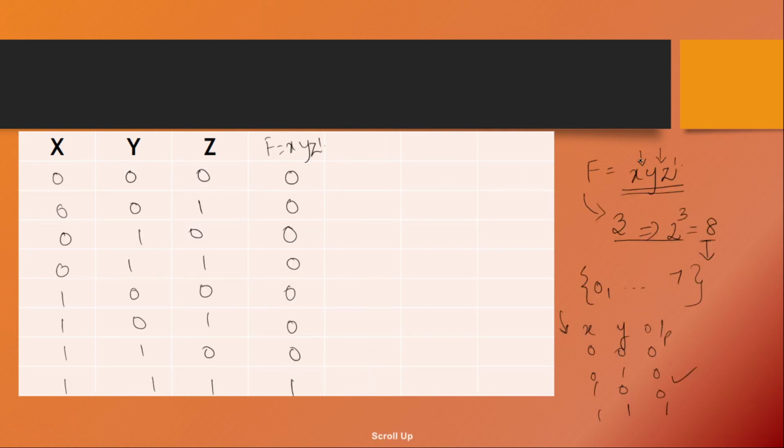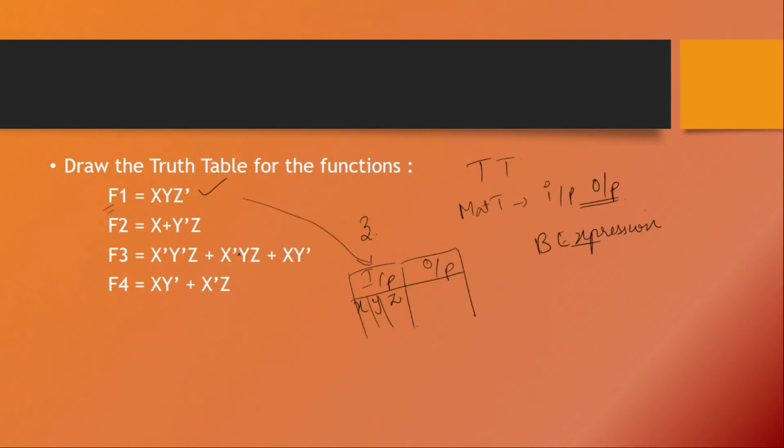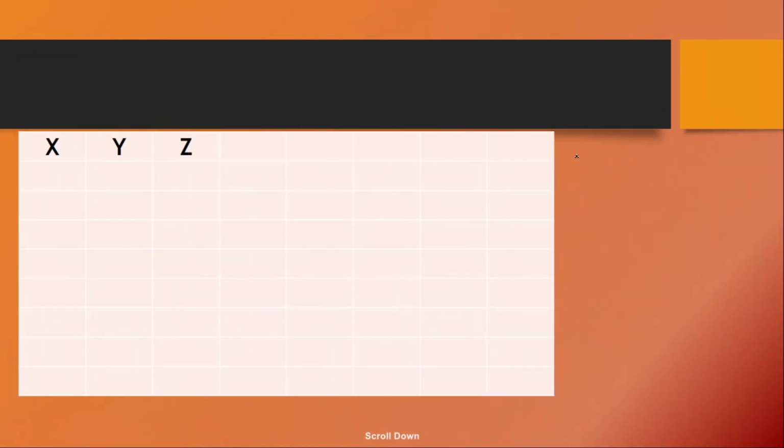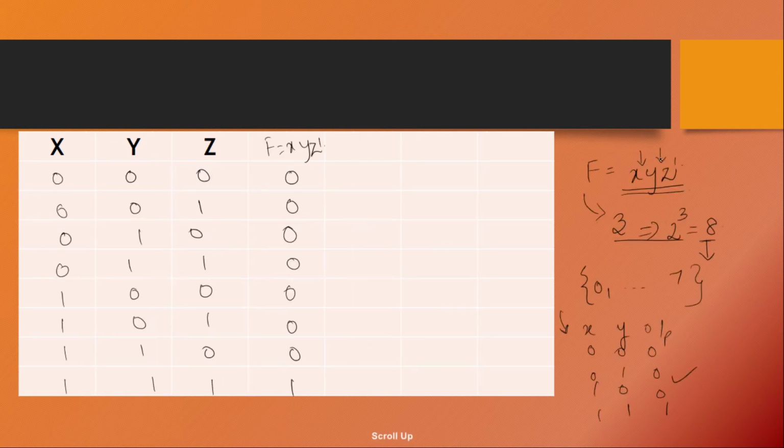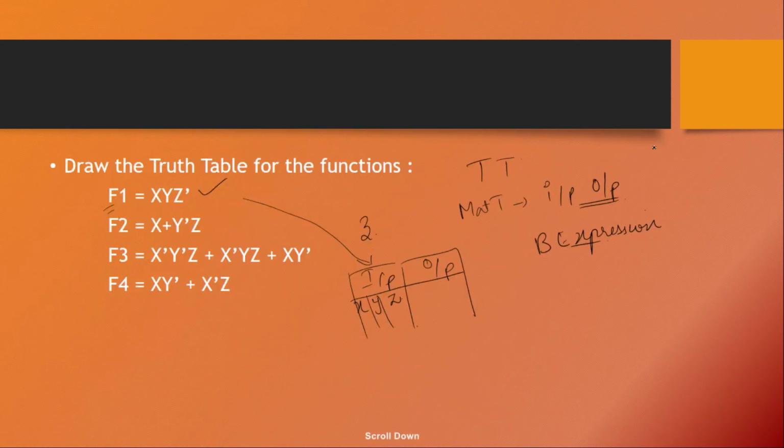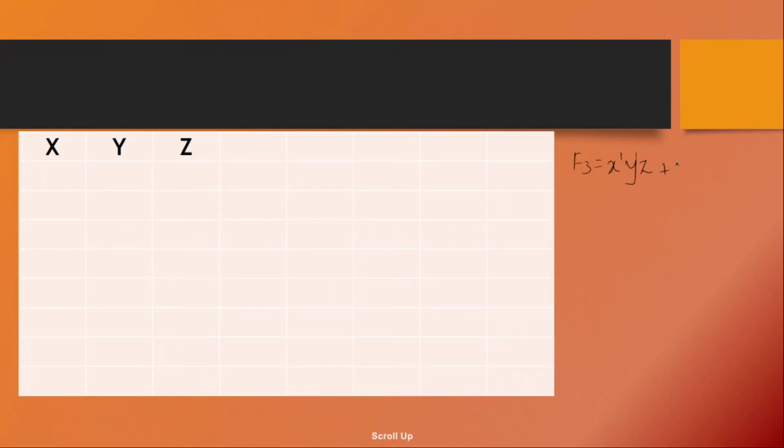Let me take another example here. So f3 is equal to x dash y dash z plus x dash y z plus x y dash.